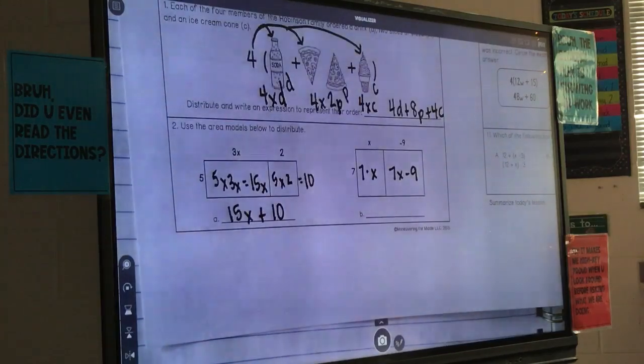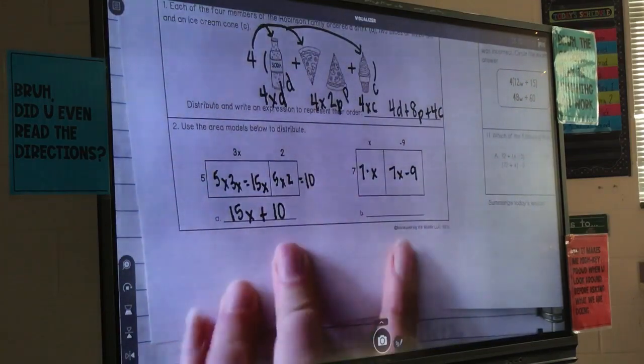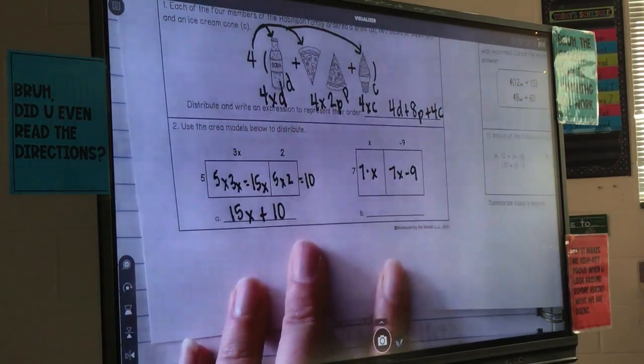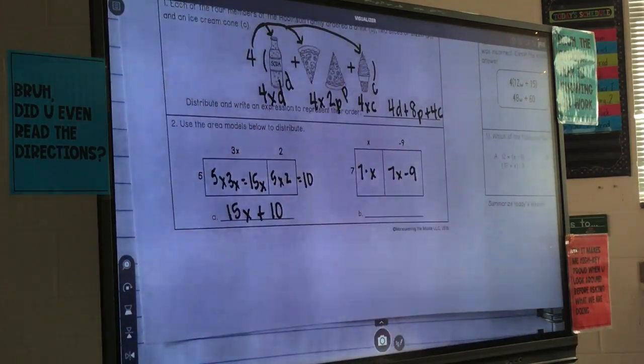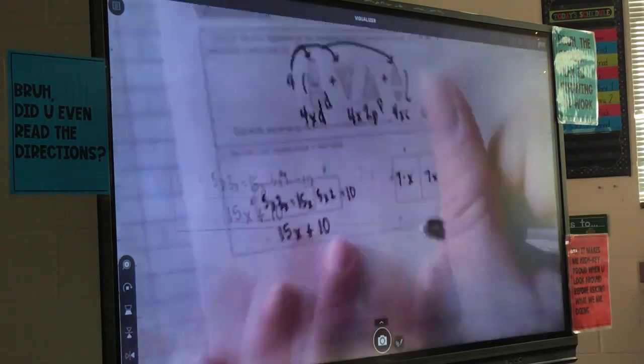We're going to treat that negative as an indivisible symbol right now, and we're just going to look at it as 7 times 9. So what is 7 times x? 7x. Yes.